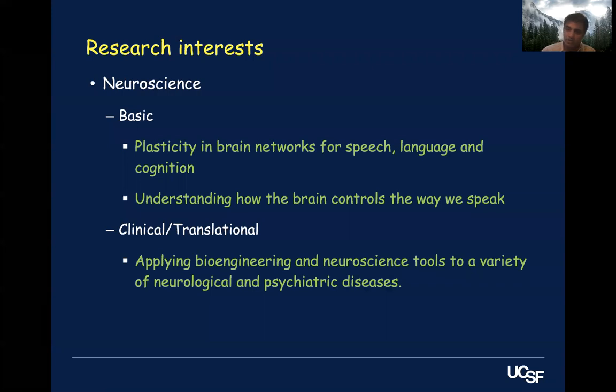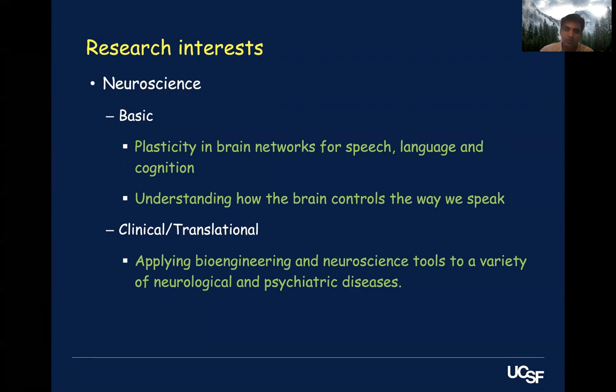My other research interest is in neuroscience. As a neuroscientist, I do two kinds of neuroscience research. One is basic neuroscience research. I'm very interested in looking at plasticity in brain networks, how brain networks change over time, but specifically brain networks that are involved in speech, language, and different types of cognitive processing.